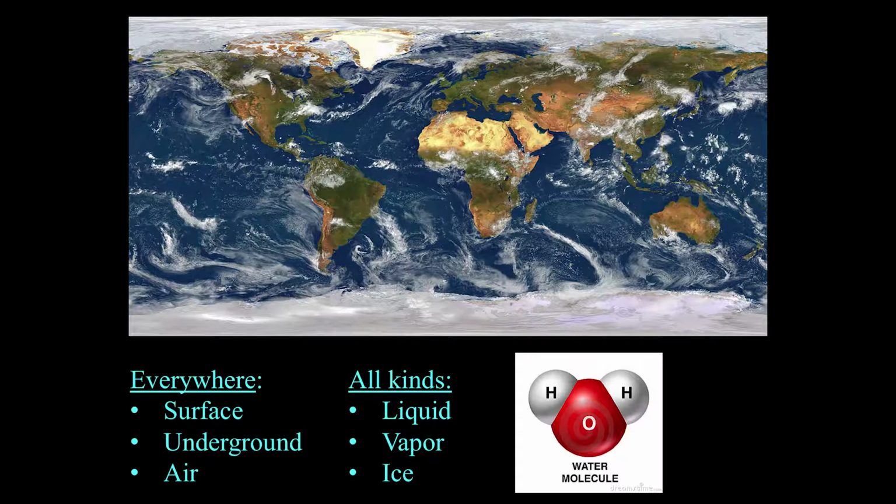Yes, water is everywhere on Earth. About 70% of the surface of the Earth is covered by water. Water is in the air, on land, between the rocks, and in every living thing. There are solids in the deep glaciers, liquids in the oceans, and the vapor state of clouds.